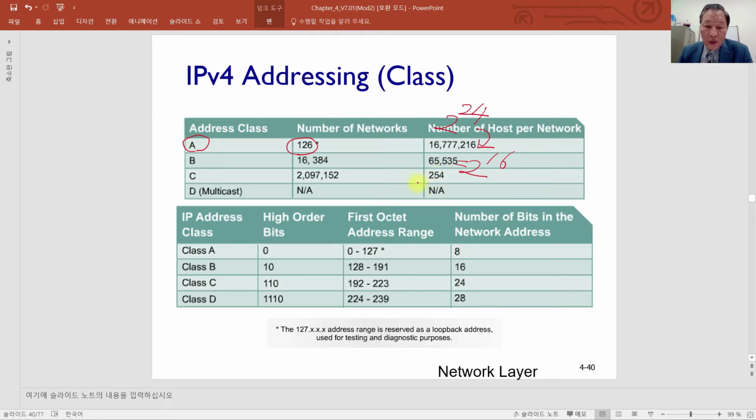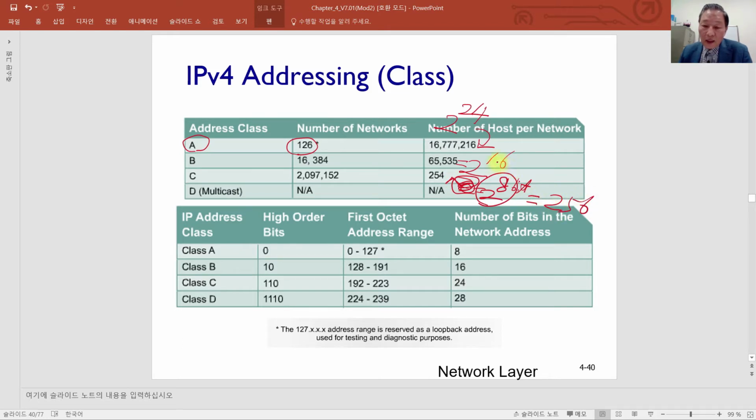And for class C, for the host ID we use just 1 byte, that is 8 bits, so 2 to the power 8, which is 256.